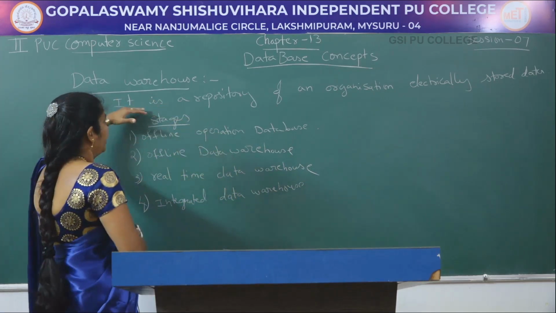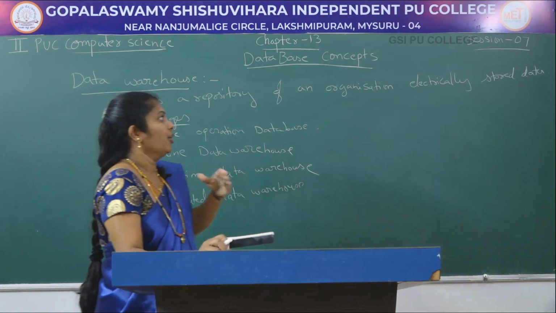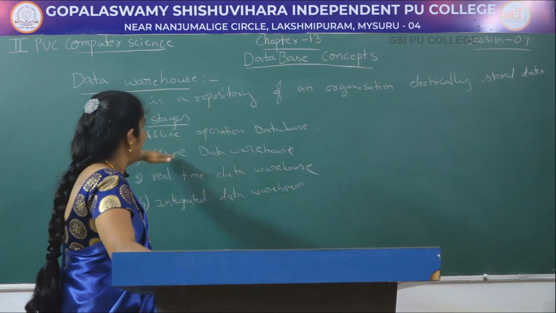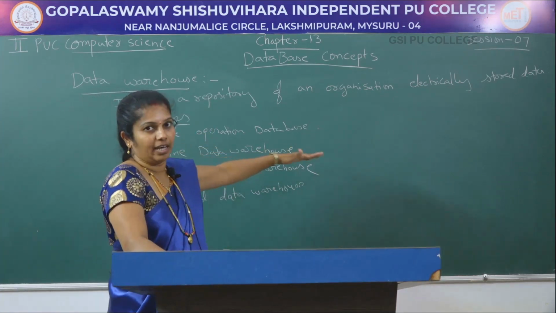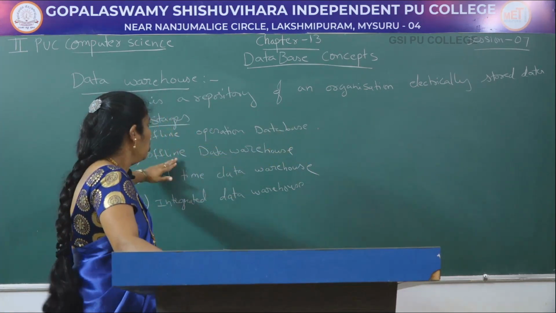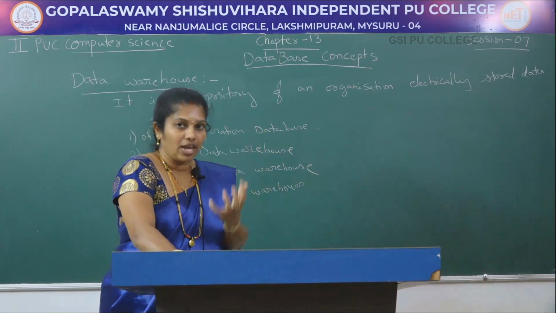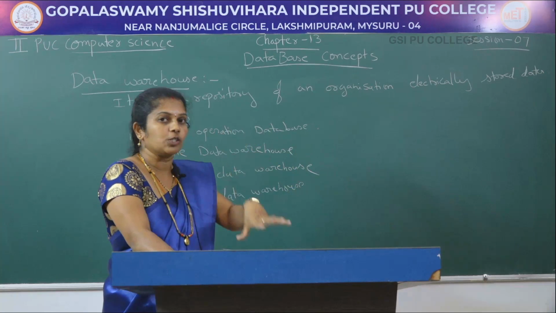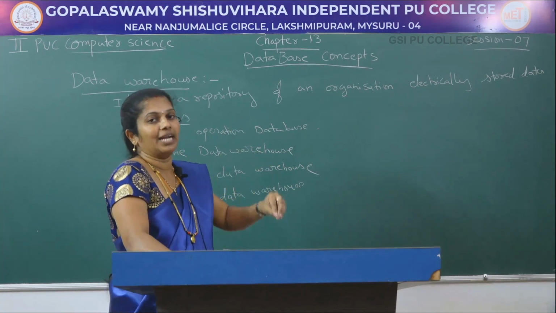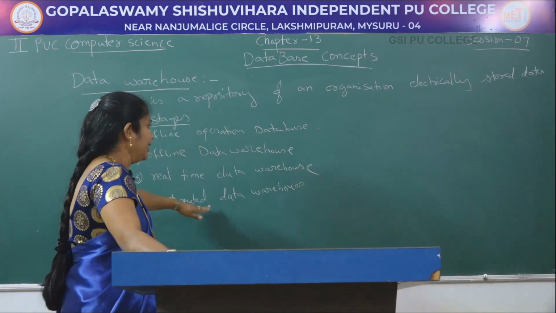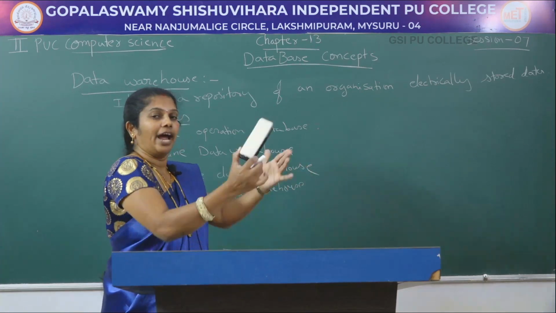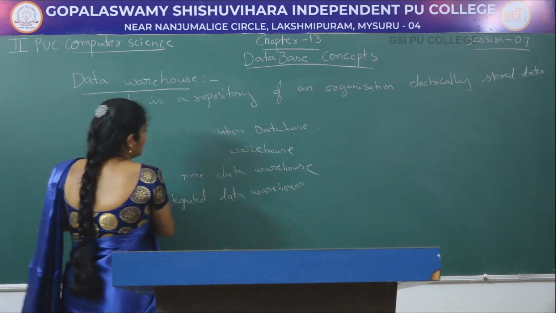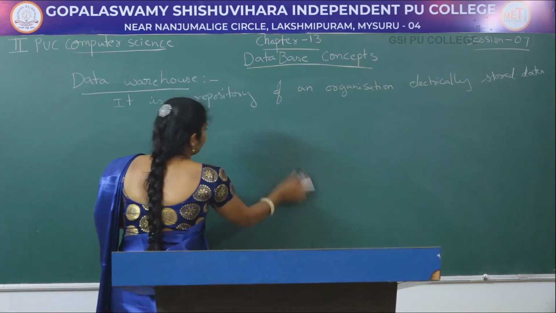In offline operational database, we operate and store the data. In offline data warehouse, we have to store the data. In real time data warehouse, whatever transaction we have done on the spot, immediately it has to be updated. In integrated data warehouse, we merge the data and get the final result. Like that, we have several stages under data warehouse.